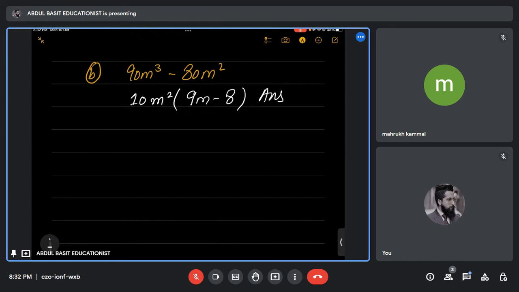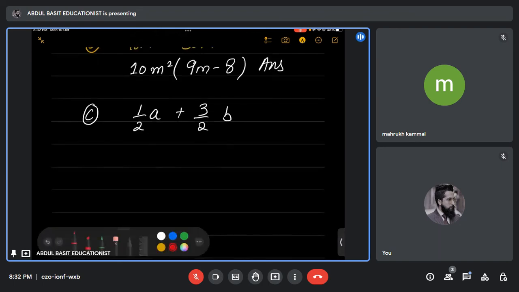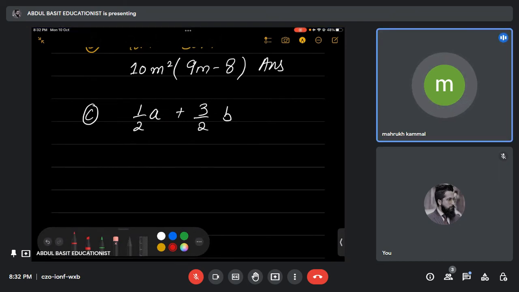Let me write some complex question here, because we won't be getting any piece of cake questions in the exam. Plus 3 by 2b. Okay, look at the question. Maruf, what is common in these two? सर 2. The denominator, right? डिनोमिनेटर आई मीन. जी सर.